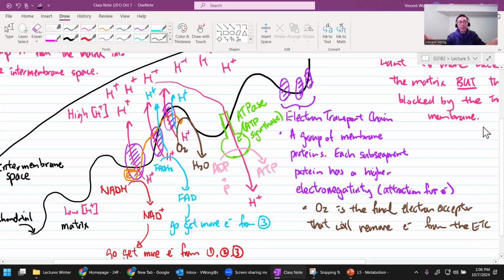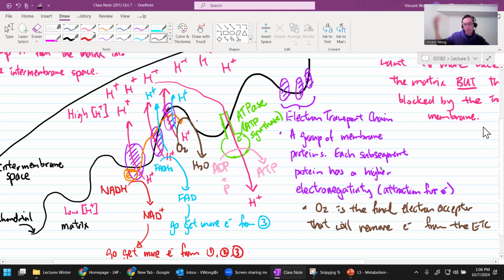And that's why we need to breathe. That's why we need to continuously have oxygen supplied to our cells so that we can make more energy to keep going. If we don't have oxygen, then the electrons will be stuck on the ETC. They have nowhere to go. It's like that kid stuck at the bottom of the slide. Next kid can't go. Next electron can't flow through the ETC. No electron flow, no H plus buildup.